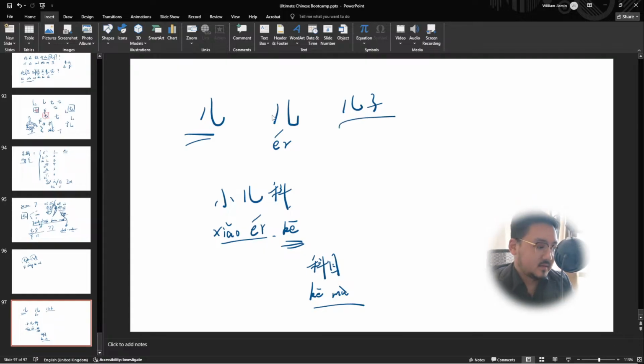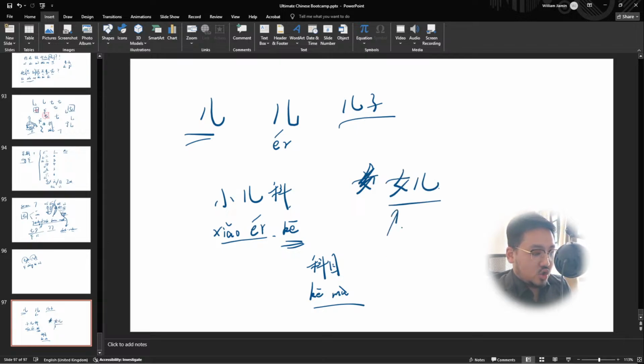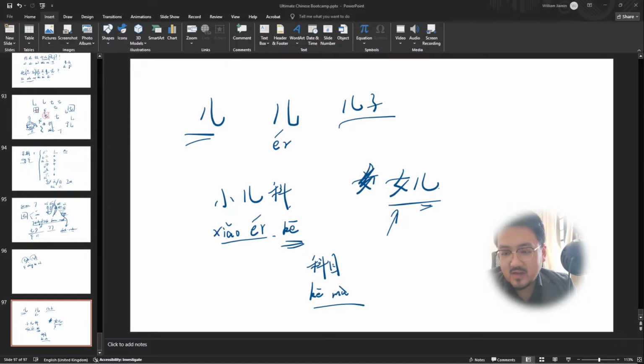So 儿子, and on the contrary, 女儿. Here 女儿 means the female kid. But 儿 can also have a lot of usage. Okay, so I'm going to further explore this.